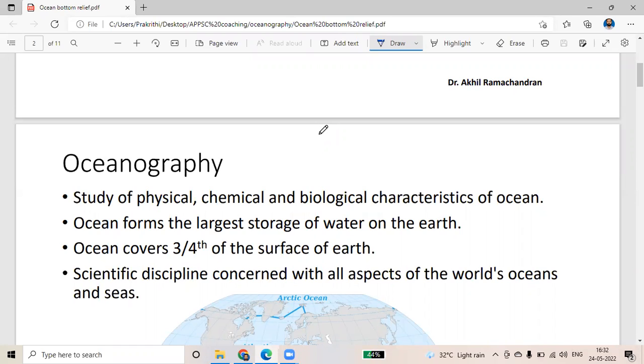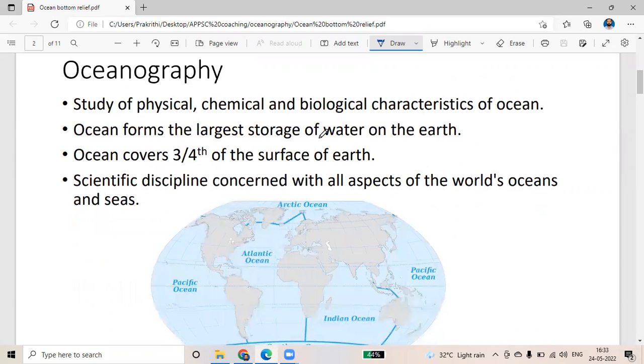Without the ocean, it regulates many things like the climate, the biological aspect, the environmental aspect. It controls many things. So the study of this particular water body is very much essential.